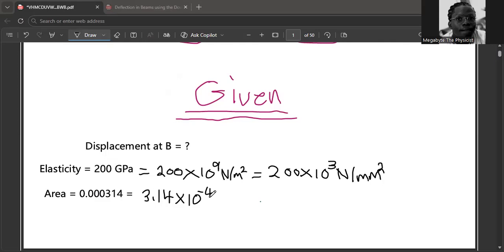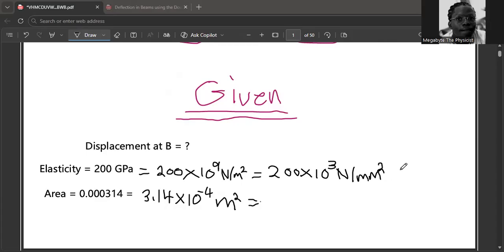To convert that into millimeters, what are we going to do? You see that this is in meter squared. So we are supposed to convert it into millimeters like this one.